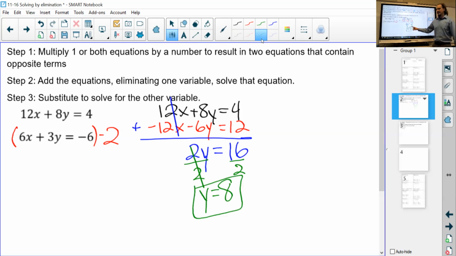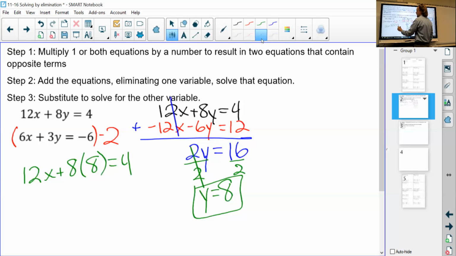And now I just want to take that and bring it back into one of my 2 equations from the beginning. Doesn't matter which one. Let's go with the top one since it doesn't have negatives. So 12x plus 8 times 8 equals 4. So this can be 12x plus 64 equals 4. And then we're just solving for x. So subtract 64 from both sides.